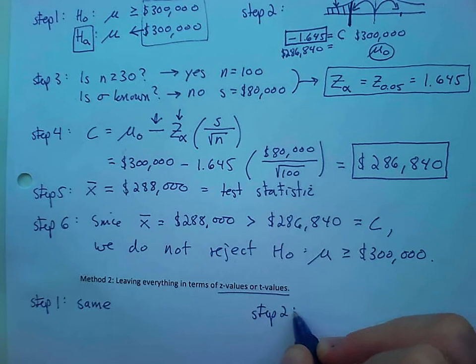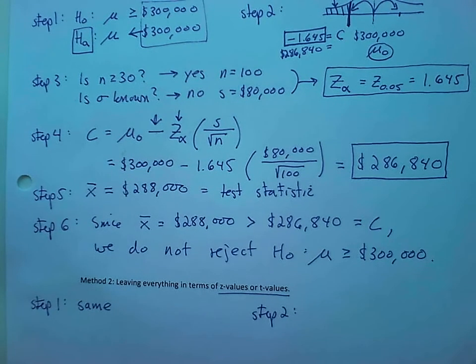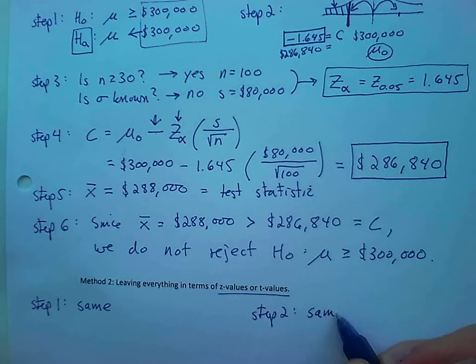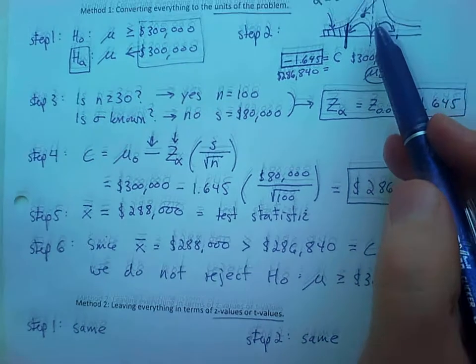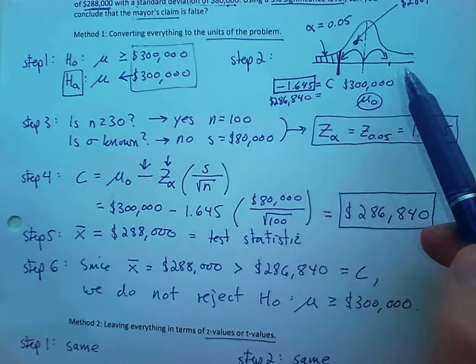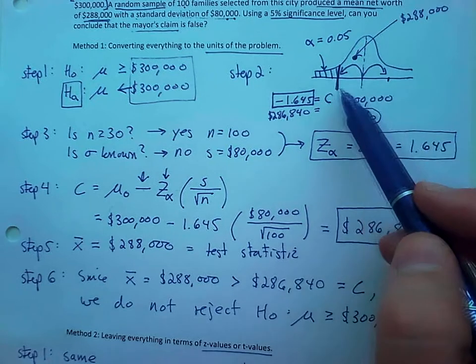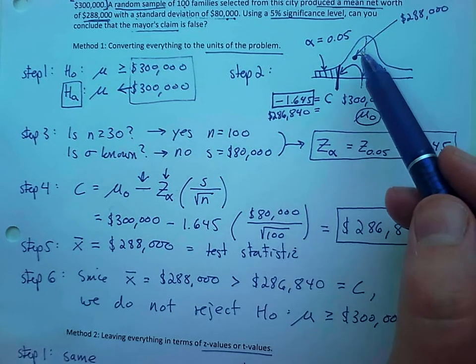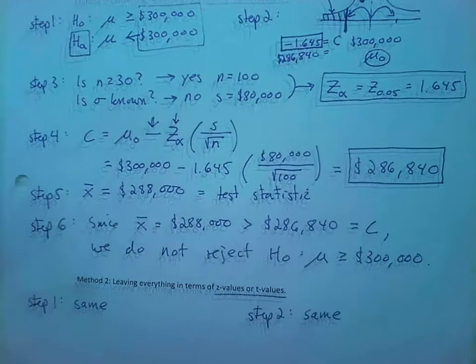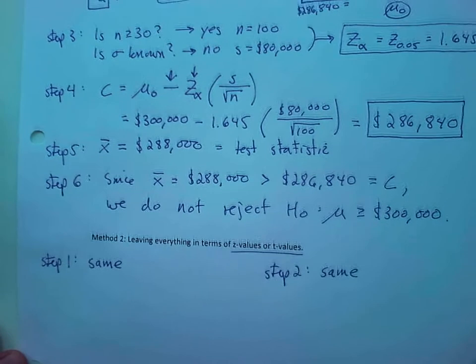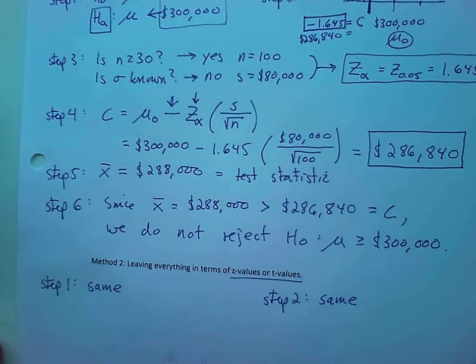Step number 2. What's different about step number 2 for method number 2? Nothing. The diagram that we're drawing is supposed to help us get a visual grasp of what we're trying to do. So therefore, our picture still stays the exact same thing. It's just trying to get a grasp on stuff.